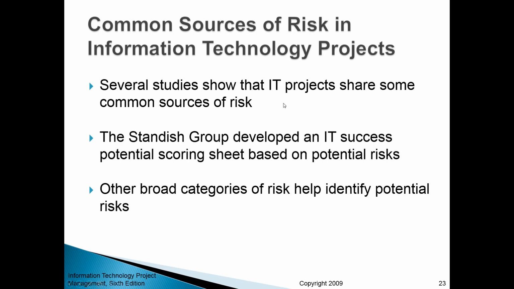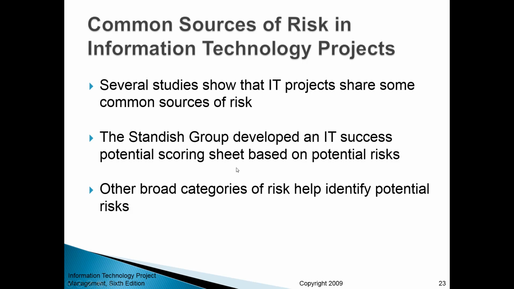Now, several studies show that IT projects share some common sources of risks. Nevertheless, there's no widely accepted framework for categorizing all the risks. One of the approaches to categorizing risks was developed by the Standish Group.